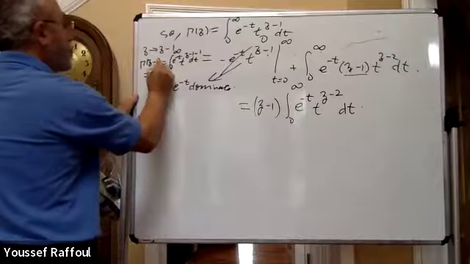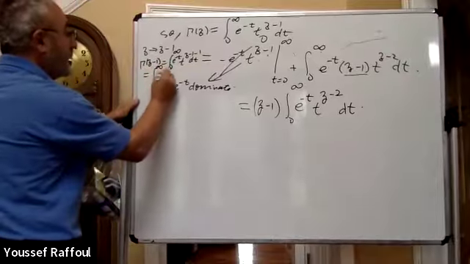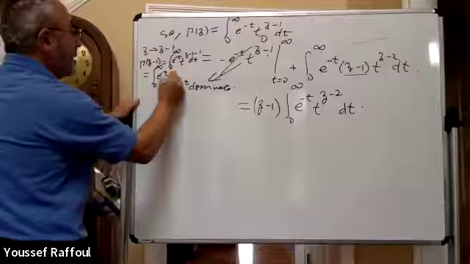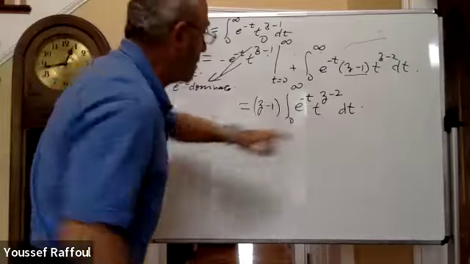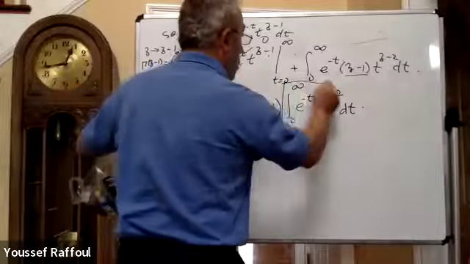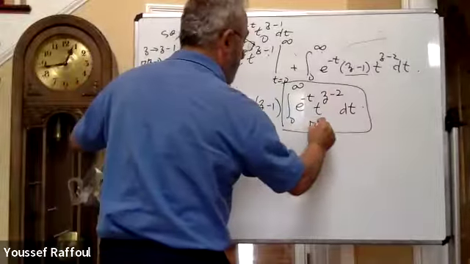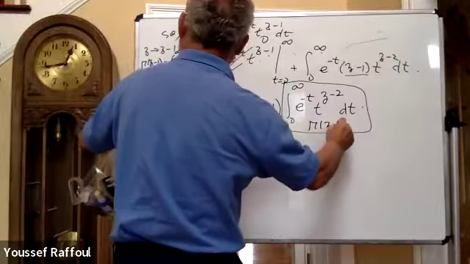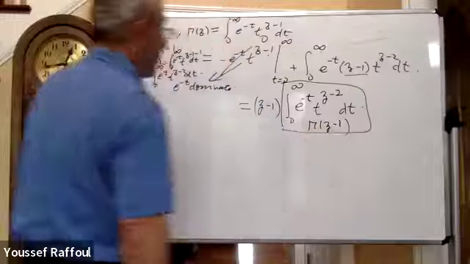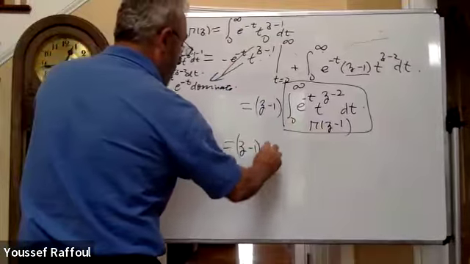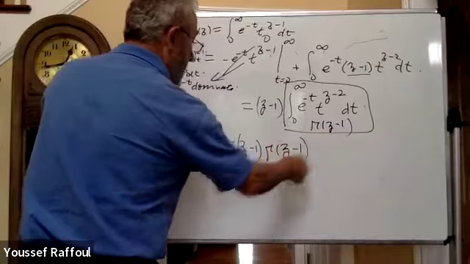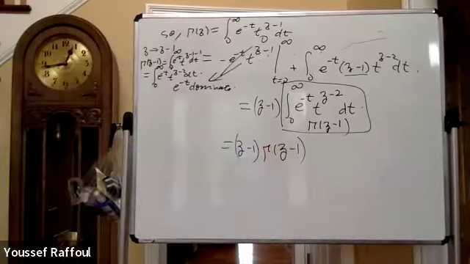So I get the integral from 0 to infinity of e to the minus t, t to the z minus 2 dt. So this one I just showed you, that is z minus 1 times gamma of z minus 1. Okay?